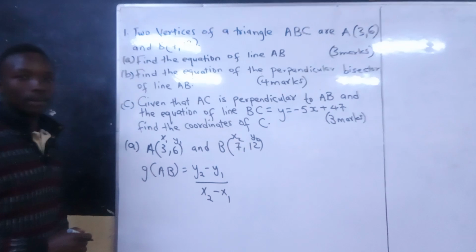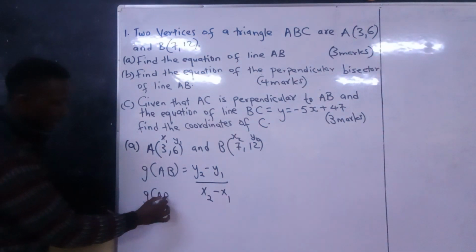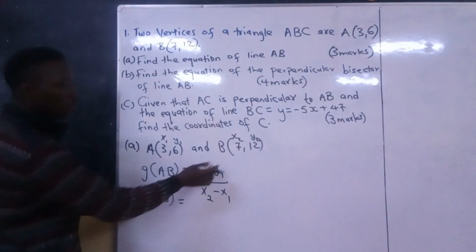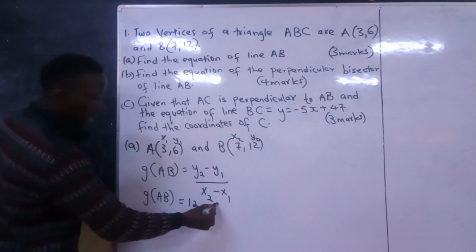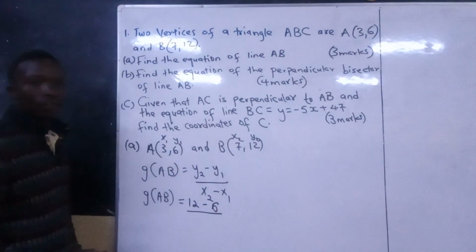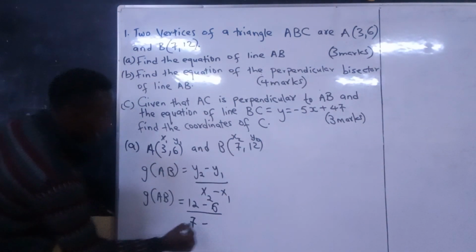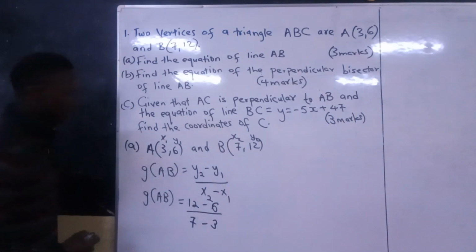So to determine the gradient of the line AB, we have y2, that is 12, minus y1, that is 6, over x2, which is 7, minus x1, which is 3.